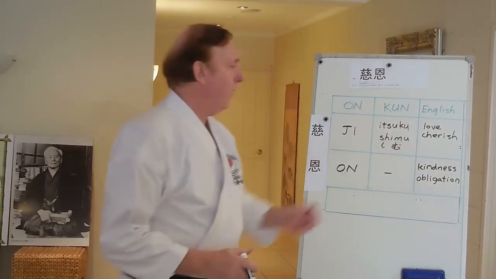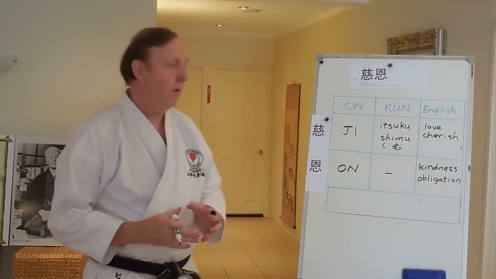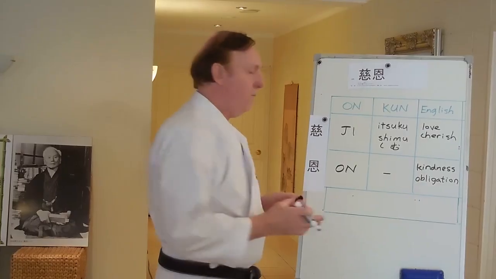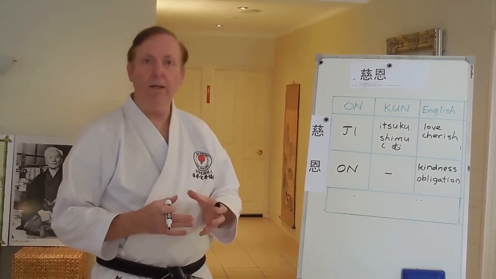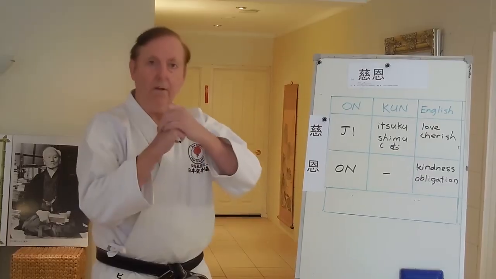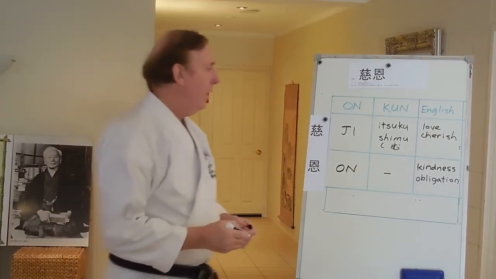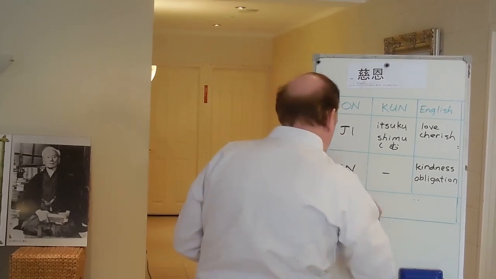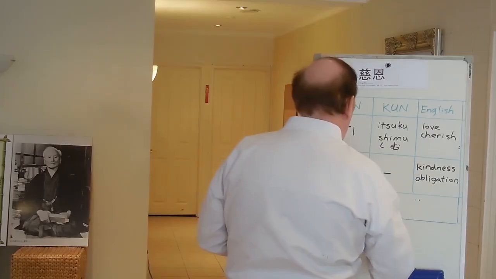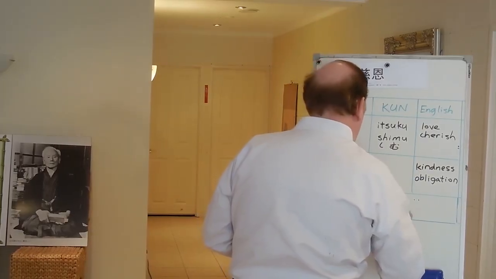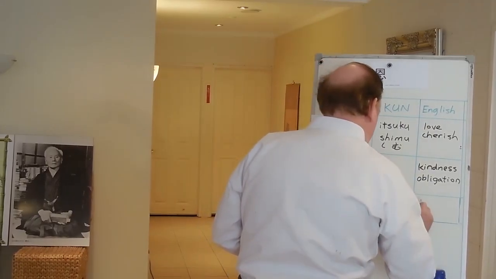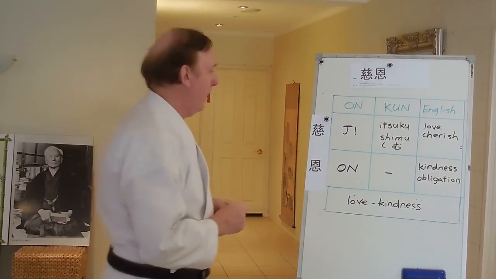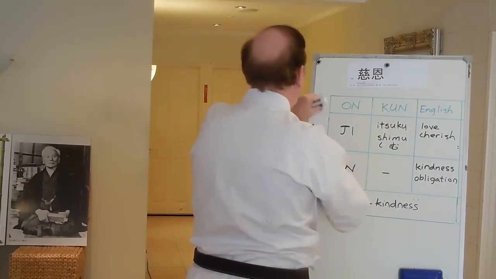But the primary concept is kindness. So when we have love or cherish, perhaps a little bit of compassion involved in karate, for example, the starting movement is like this, then we think about love and kindness would probably be the best two points to put together there for Jion. You can imagine this being from a Buddhist monk training in martial arts. So, that one.